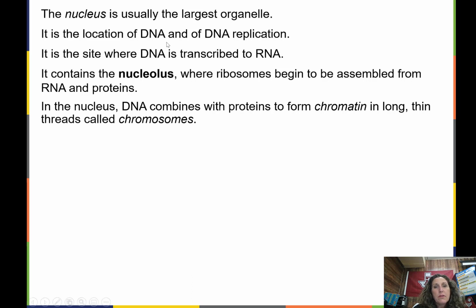It is where you'll find DNA and DNA replication. It's also where DNA is transcribed into RNA, and therefore you have a nucleolus, which is where we begin the assembly of the RNA. And then I talked already about the chromatin, the threads, and when they condense down and start to look like X's, which we'll see in a few units, we call that chromosomes.